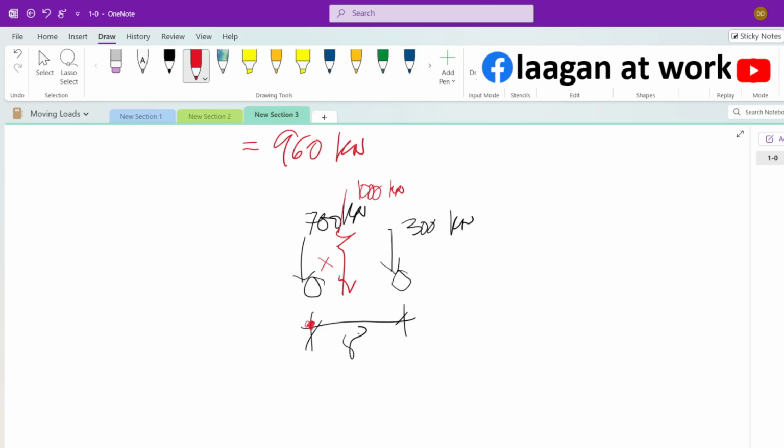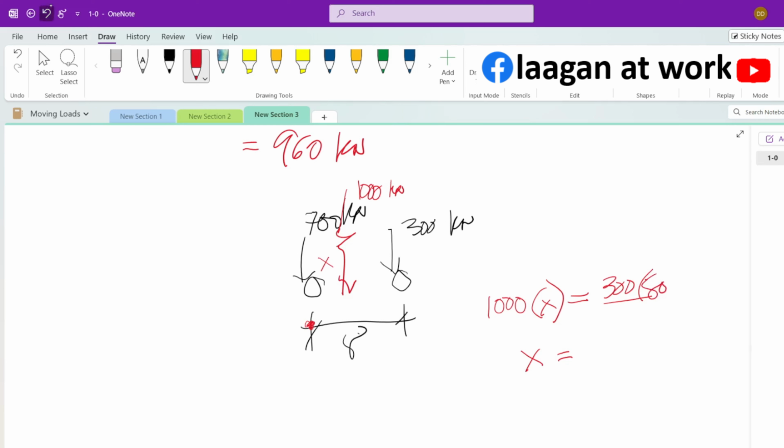So that would be 1000 times x is equal to 300 times 8. Oh, this is not divided, this is times 8.